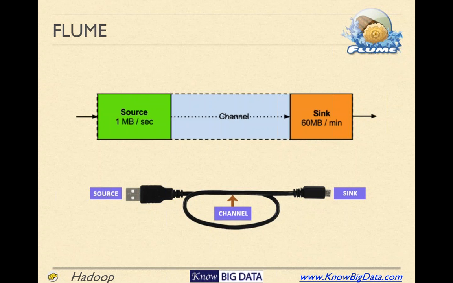Let's say source is producing data at 1 MB per second, and sink is consuming data at 60 MB per minute. Although the average is the same, in reality, for 1 minute while source is generating data, that 60 MB of data would be kept somewhere because sink is taking 1 minute to write.